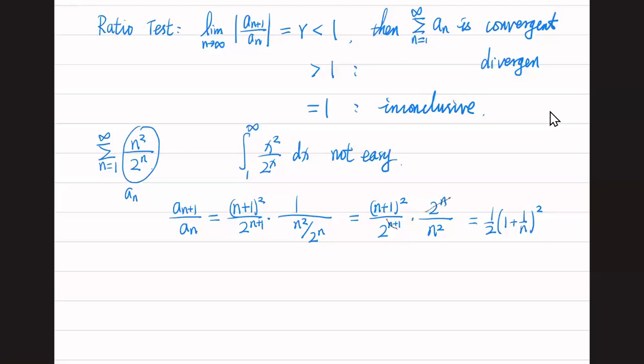All right, what is this limit? Sophia, if n goes to infinity, what do you get? 1/2. Okay, so this is less than 1, then by our ratio test, this is convergent.